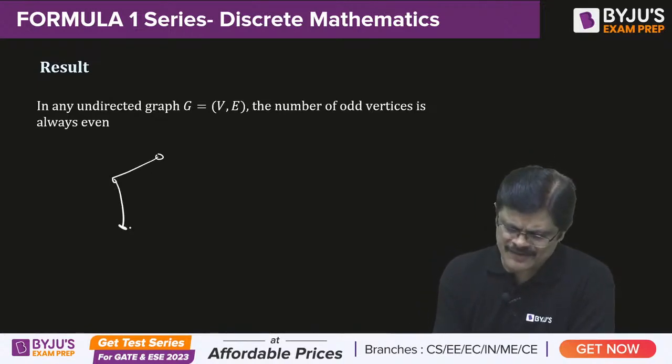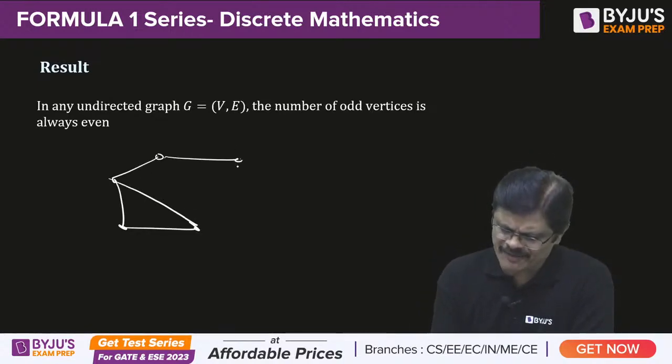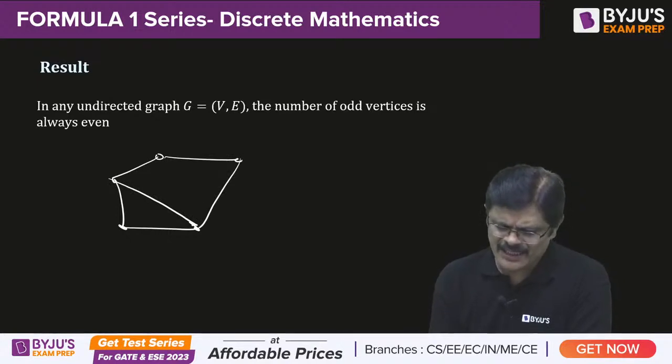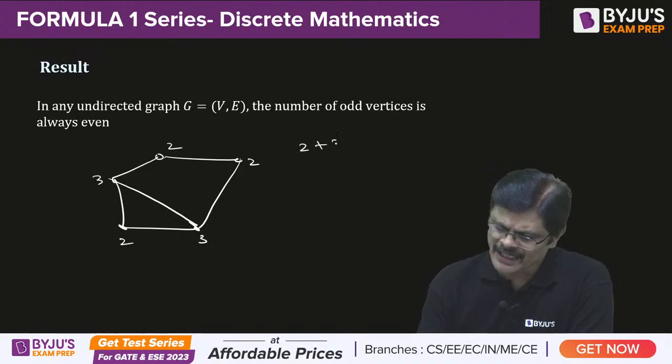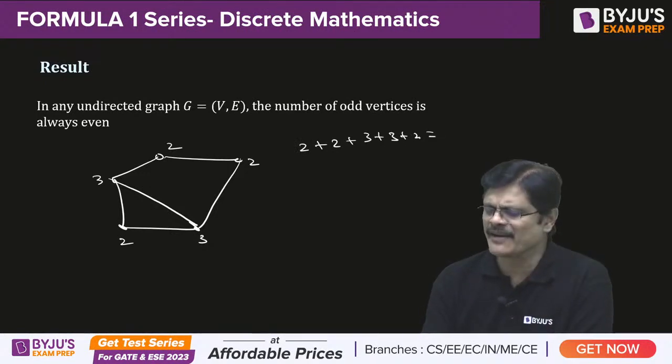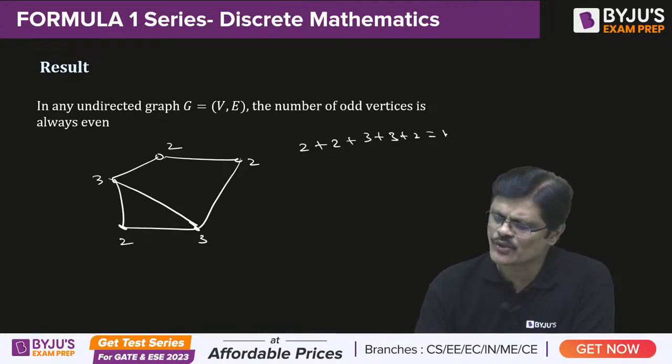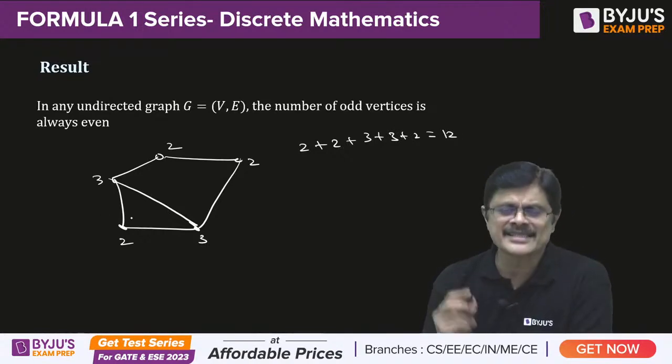Now, look at this graph. I am just drawing a big graph. Here, let us see the degrees. The degree is 3 here, degree 2 here, degree 3 here, degree 2 here, degree 2 here. So if you add the degrees, 2 plus 2 plus 3 plus 3 plus 2, what is the sum, my dear friend? 6 plus 6, 12. And here how many edges are there?